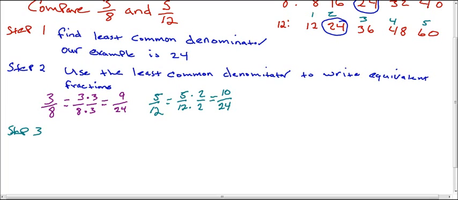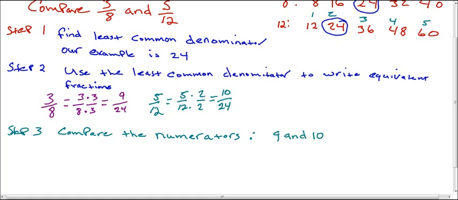So now step 3 says we need to compare only the numerators. Our numerators are 9 and 10.